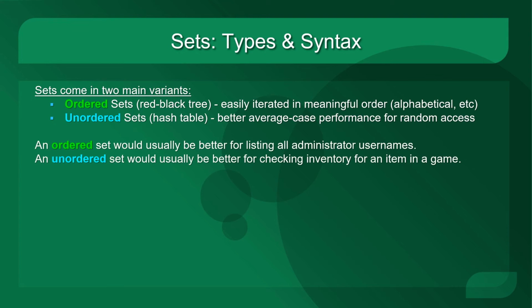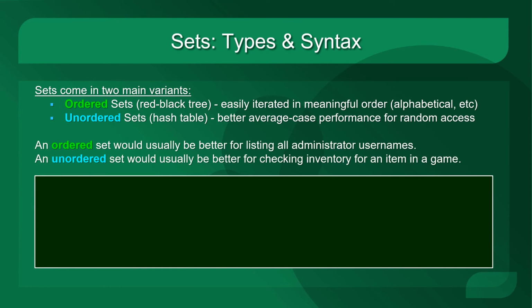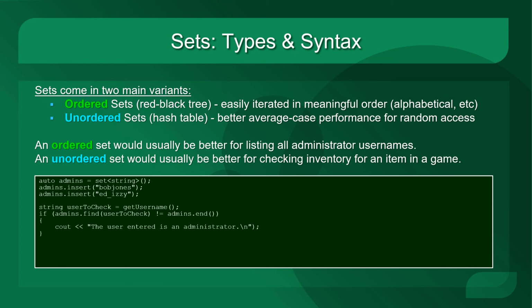In our example, we create a set of strings to represent the administrators of a system. Then we add two usernames to that set, Bob Jones and Ed Izzy. We then get a username from the user, and we check to see if that user is in the set. In this case, we're calling the find method of the set class.